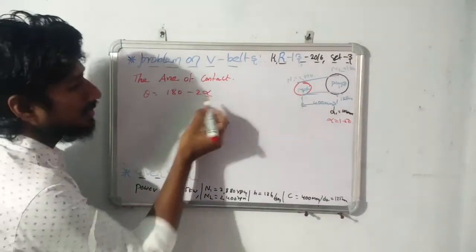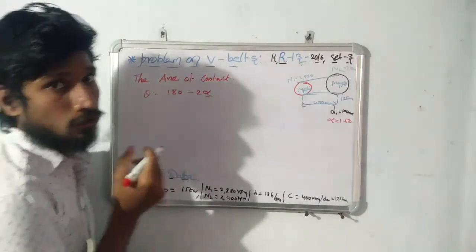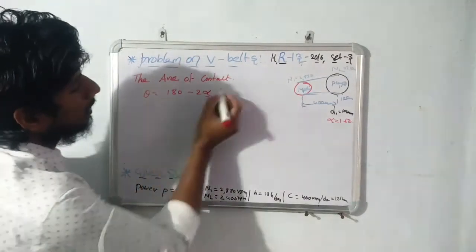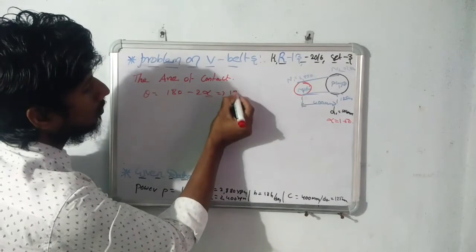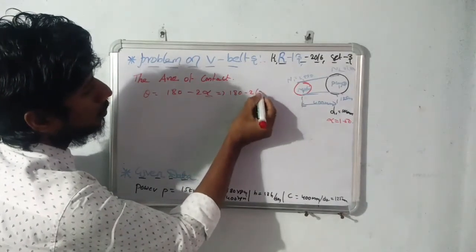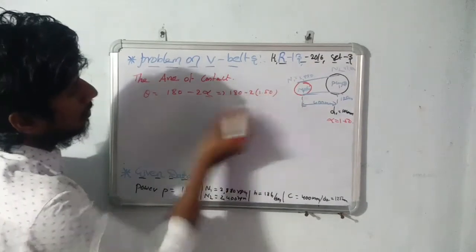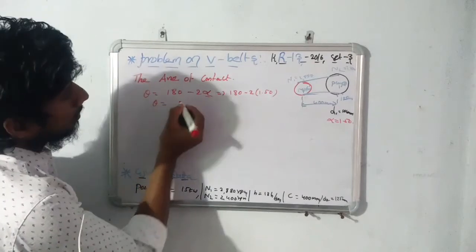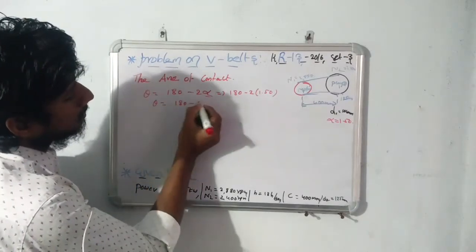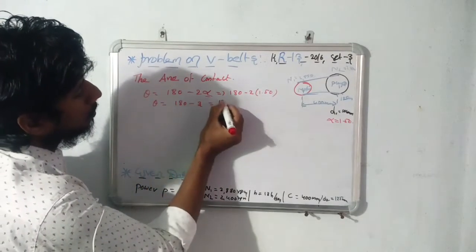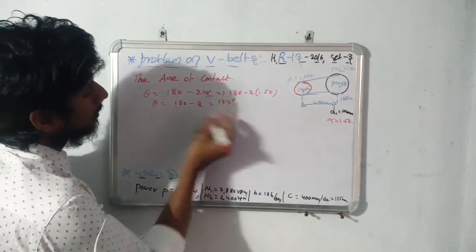Here we know the value of alpha. By substituting that alpha, we get the theta value: 180 minus 2 into 1.50. Ultimately, what is the theta here? 180 minus 3, that is equal to 177 degrees.